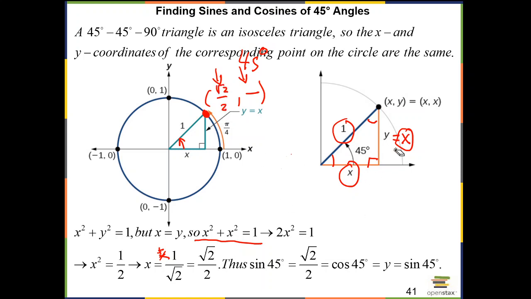And since x and y are the same, then the sine has to be the same as well. So right now you should be able to memorize this: cosine and sine of 45 are both the same and they are square root of 2 over 2.